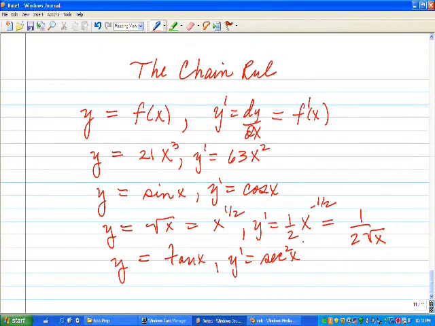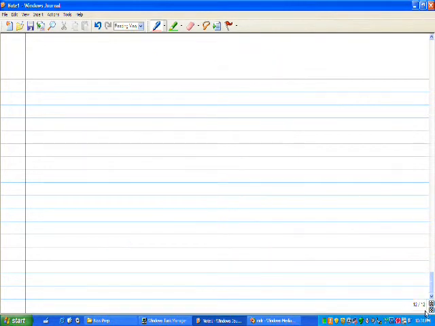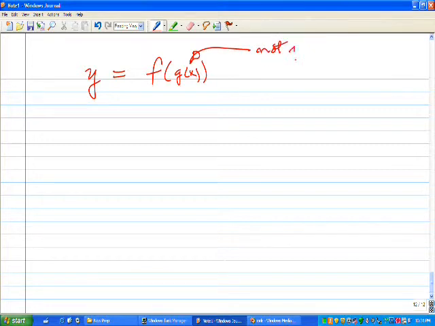But suppose that y is a little more complicated. Suppose y is equal to some function g of x. In other words, it's not just x. Well, the strategy we use is to use a substitution and let u equal g of x. In fact, you can do this really in your mind and not actually put down u.